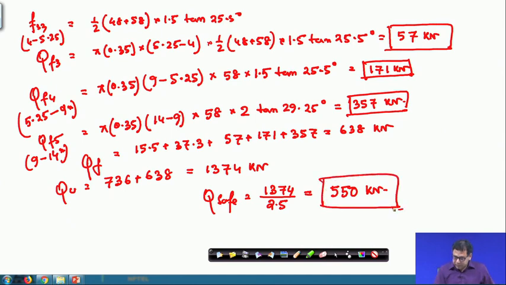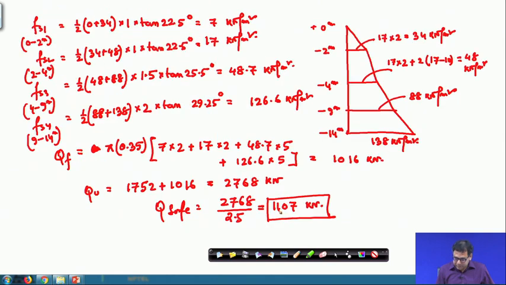So, this is the load that the pile can take if I consider the critical depth, and this is the load the pile can take if I do not consider the critical depth concept.